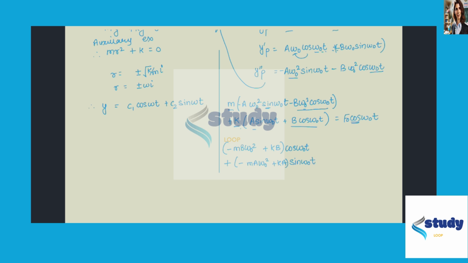And this is equal to f naught cos omega naught t.